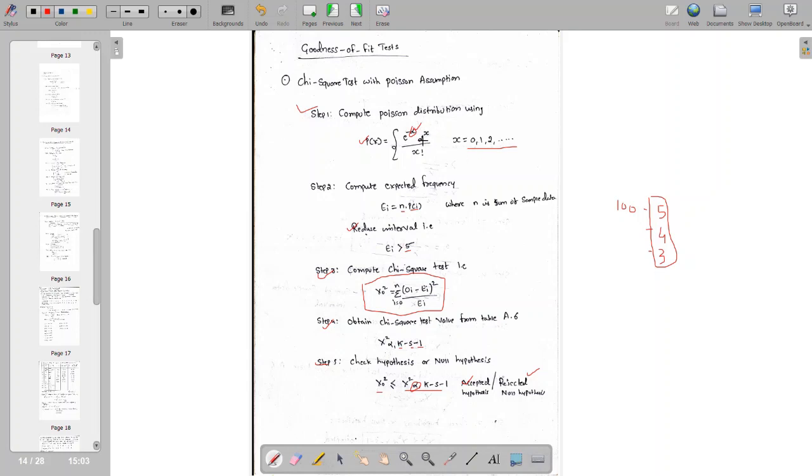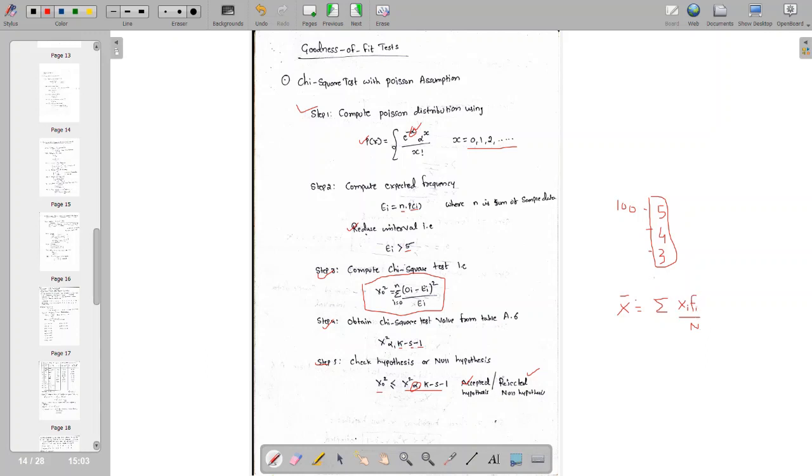To find the critical value, the mean value x-bar is equal to the summation of xi, the interval, into fi, the observed frequency, divided by the total number of sample data or observations.